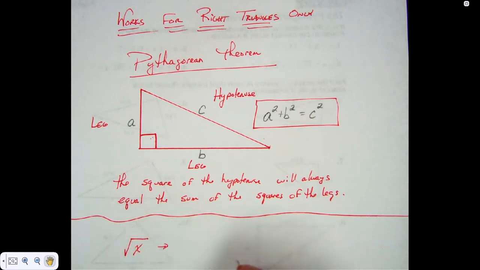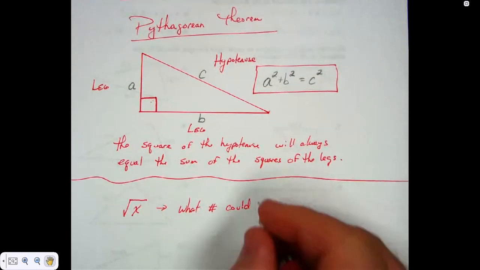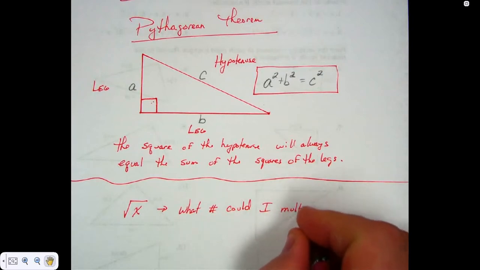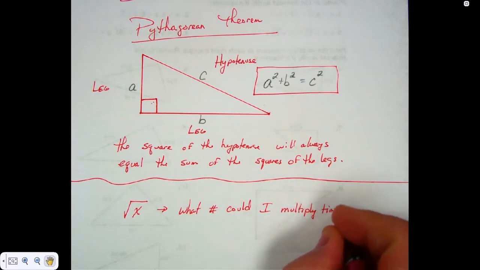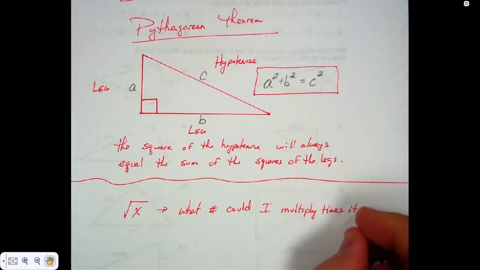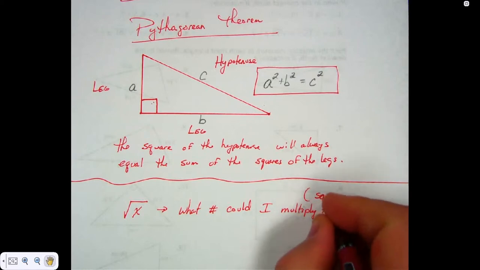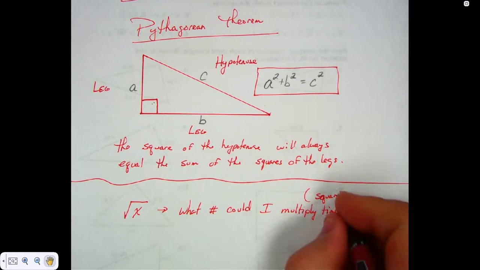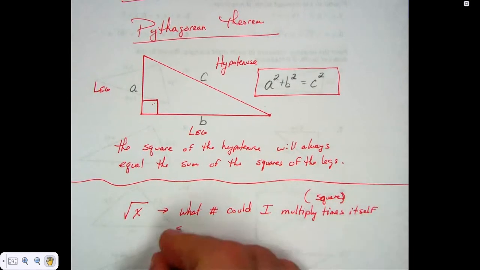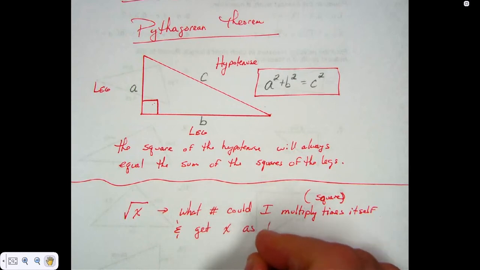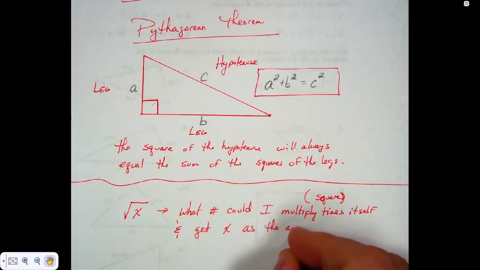It means what number could I multiply times itself, in other words square, and get x as the answer.